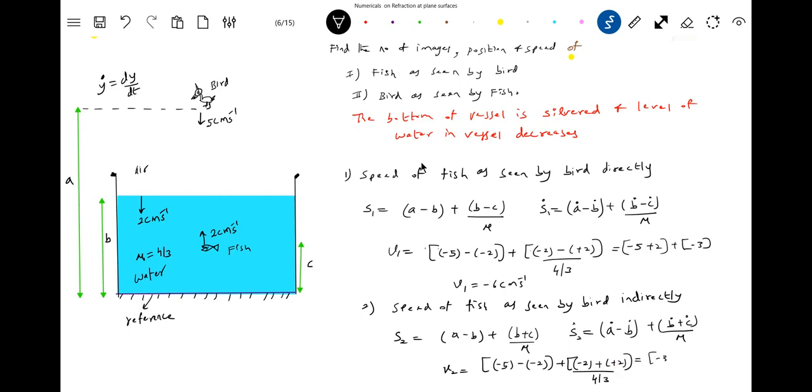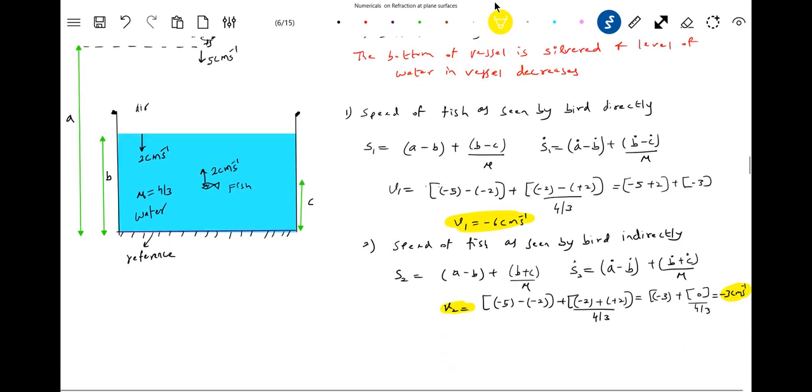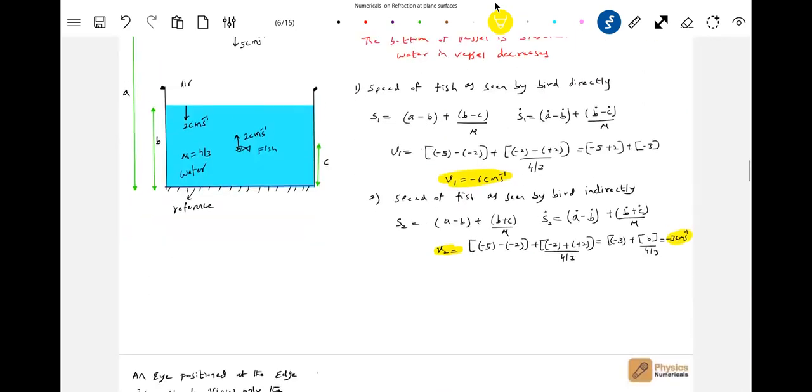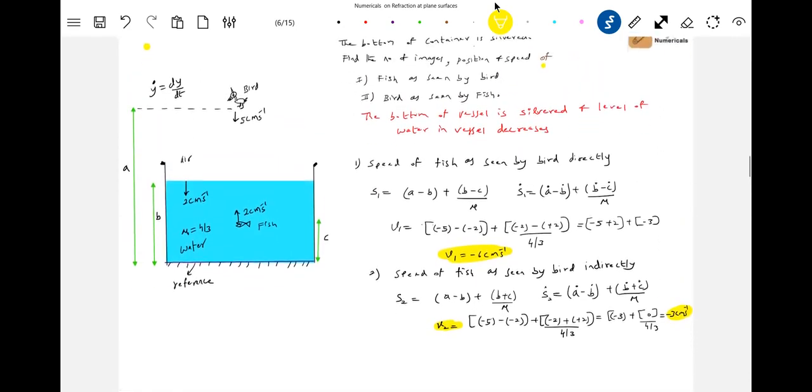Minus 5 plus 2 is minus 3, minus 2 plus 2. This will be 0. Okay, this will be the speed of the fish as seen by the bird indirectly. Now we'll go for the bird one. Let me finish off this problem here only.